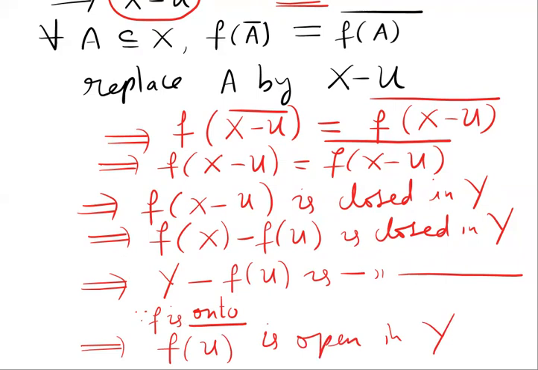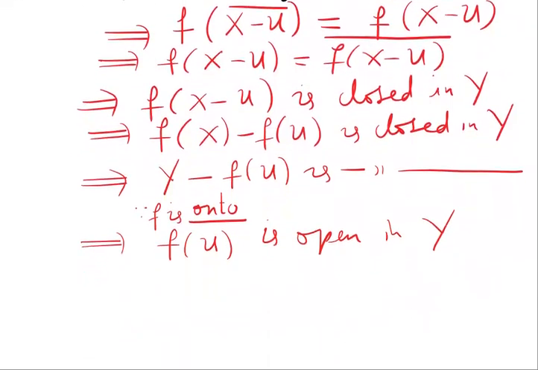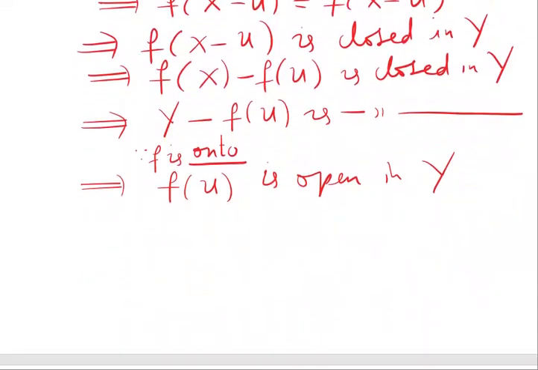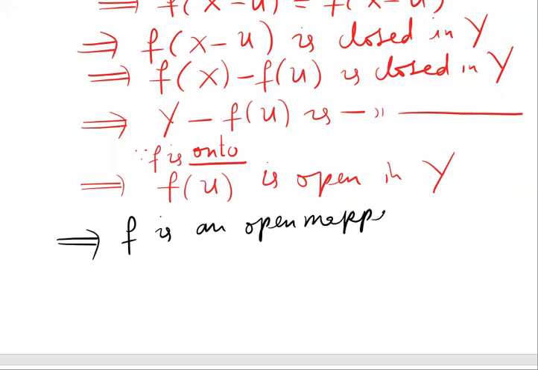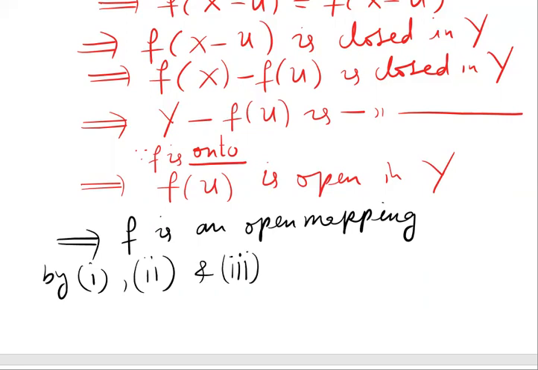So F is taking open sets to open sets. Therefore, F is an open mapping, or F inverse is continuous, right? So by 1, 2, 3: number 1, F is bijective; number 2, F is continuous; and number 3, F is an open mapping, right?